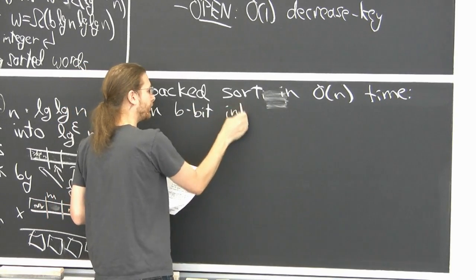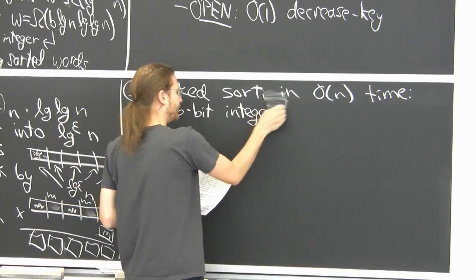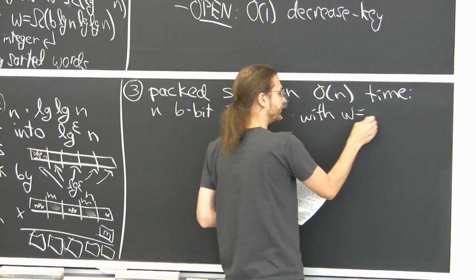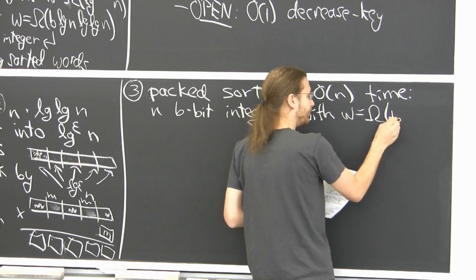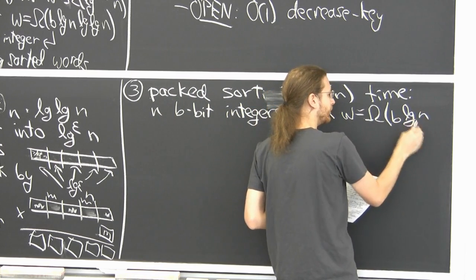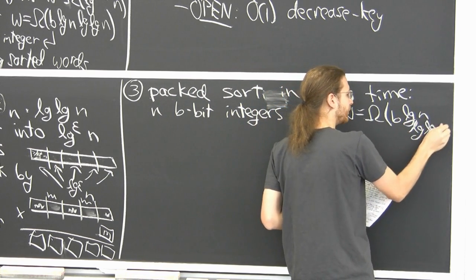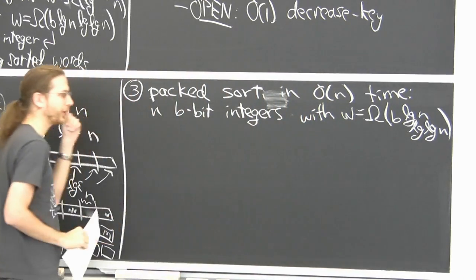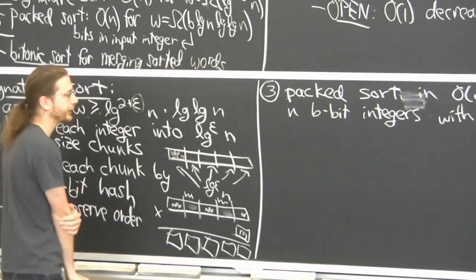In general, pack sorting can sort n b-bit integers, provided b is small, so w is at least b log n log n. That's the theorem of pack sorting. We're going to delay the coverage of this result till later.